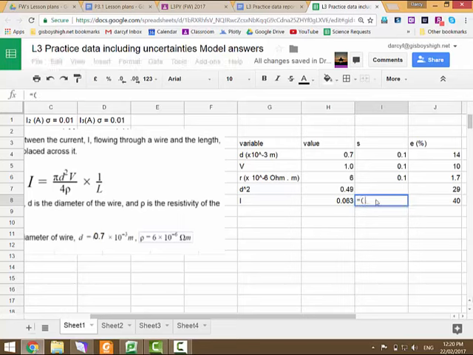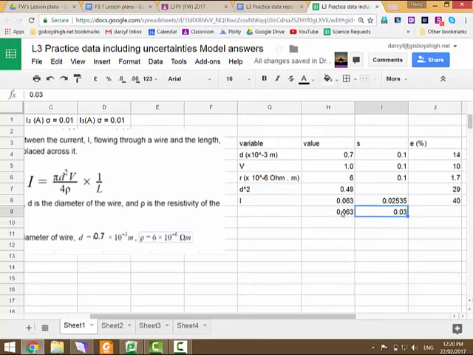So it equals 40 out of 100 to make it a decimal times this value. Now I need to round that up. 0.063 is my value, and this goes to 0.03 because I round it up. And absolute uncertainties always get rounded up.